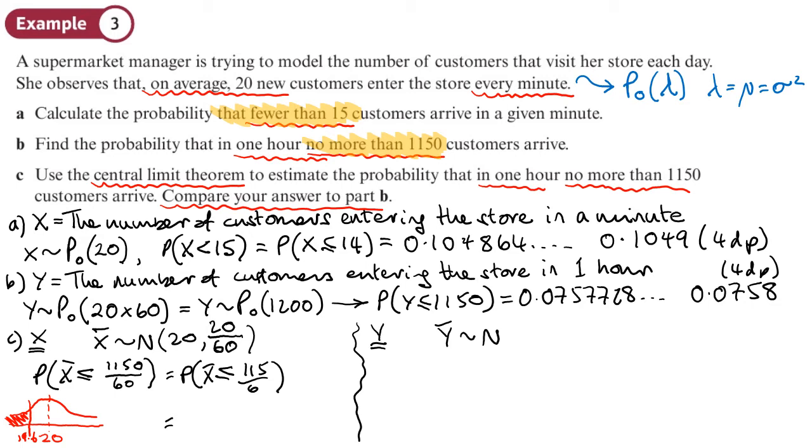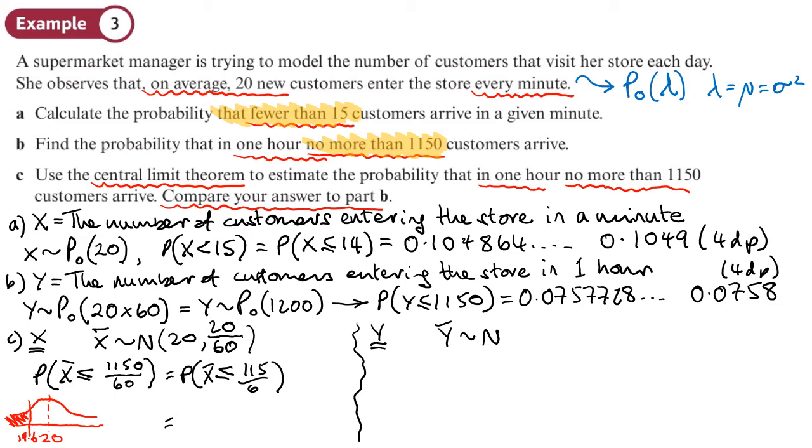So we'll go to normal CD, back to normal CD. So I'm going to type in a lower limit. It needs to be more than 5 standard deviations away from the mean. So more than the square root of 20/60 away from the mean. So I'll stick 0 as a lower limit. Upper limit is going to be this 115 divided by 6. The standard deviation, well, that's going to be the square root of 20/60.